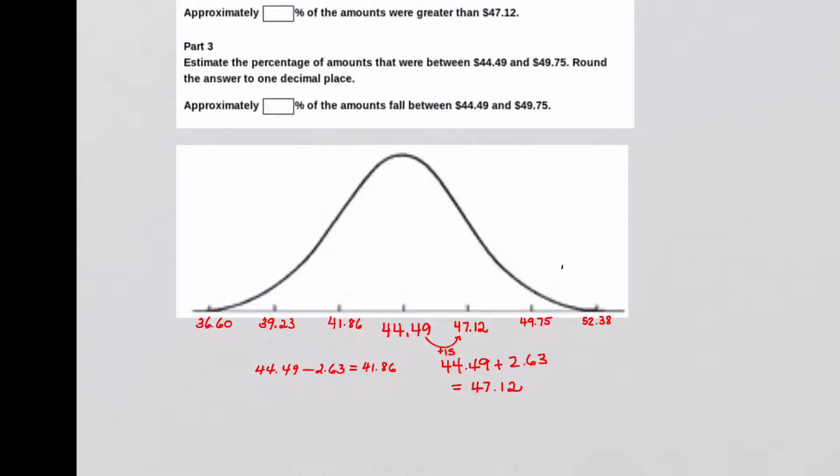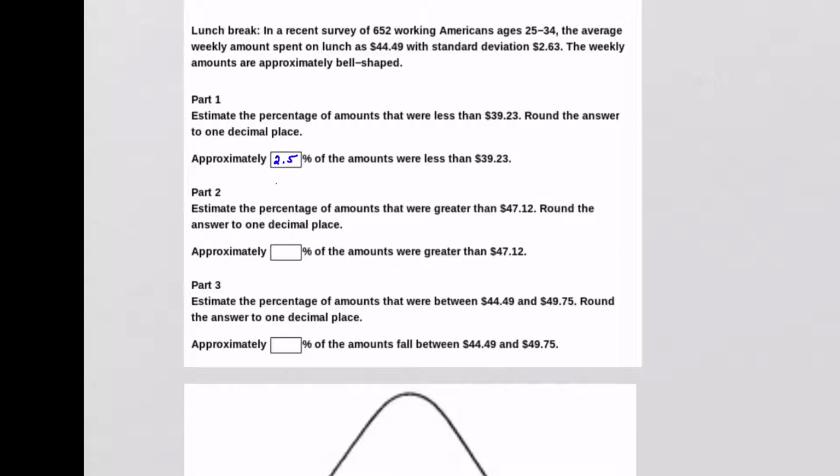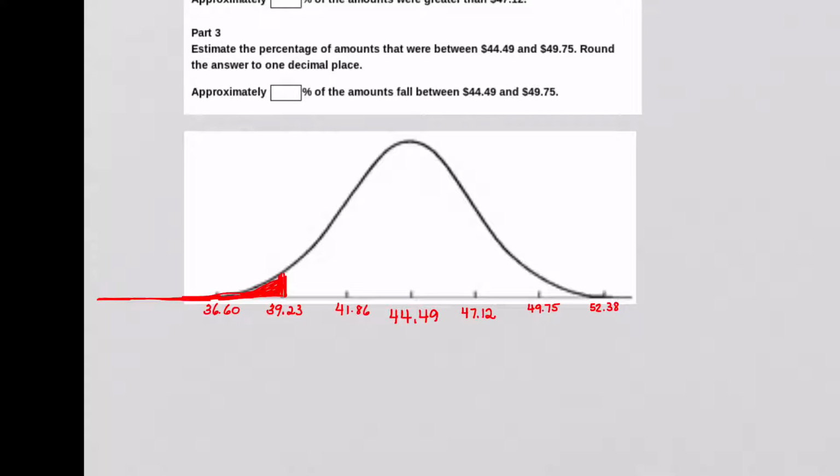All right, so now let's take a look again at the question and see what it is that they're asking about specifically. Okay, so now we want to estimate the percentage of amounts that were greater than $47.12, and we're going to round this answer to one decimal place. So let's take another look at our distribution. And we want the percentage that are greater than $47.12.